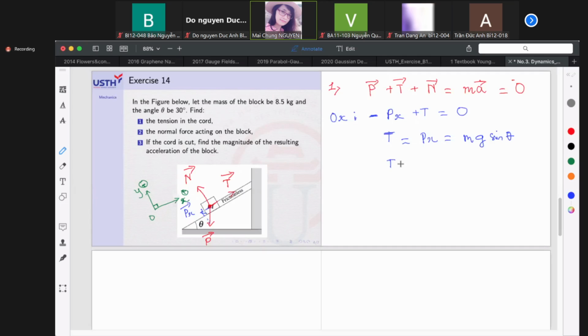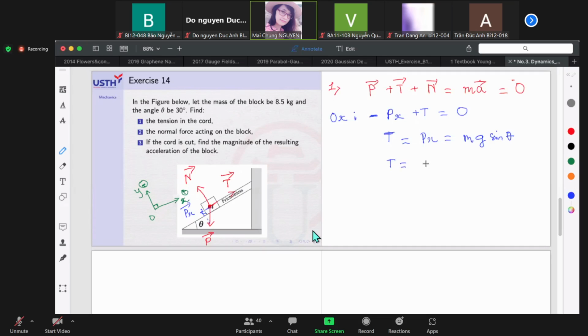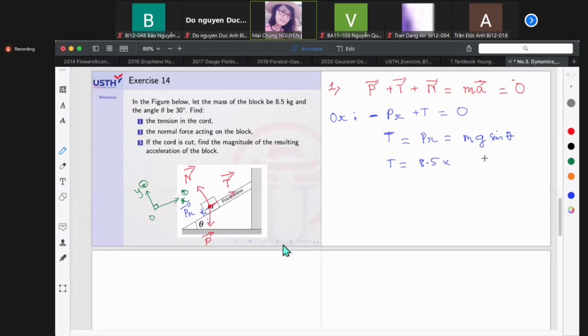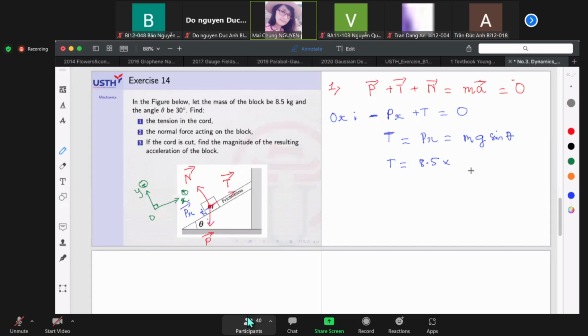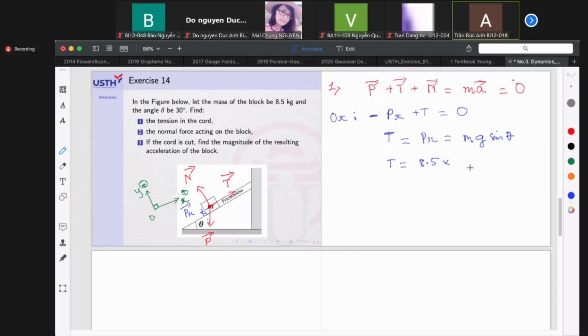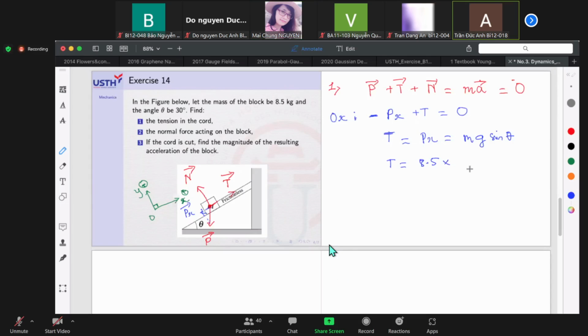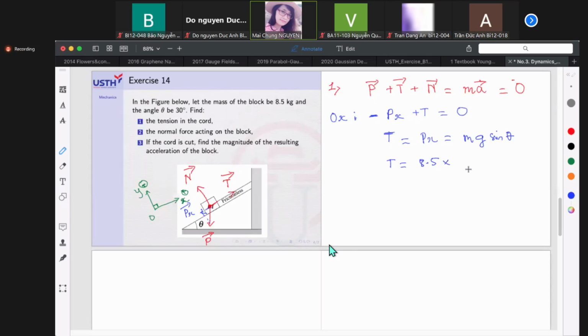So finally, what about the value of the tension? 42.5 multiplied by... do you want to use 9.8 or 10 for free fall?